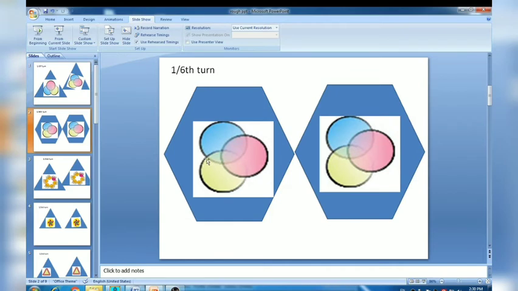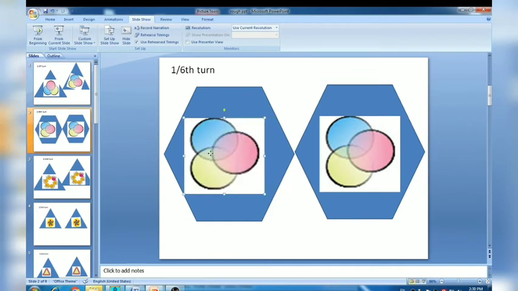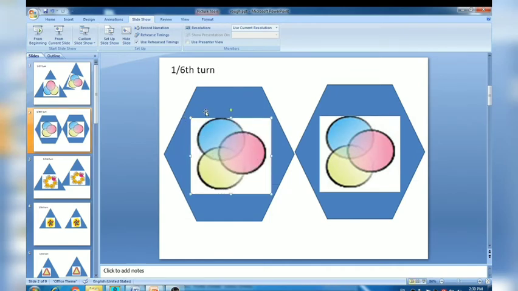Now I will take the second one. Now you have to tell me whether it looks the same for a 1/6 turn. Look carefully, 6. That means I choose a shape having 6 sides. So I will cover only one part. From here: 1, 2, 3, 4, 5, 6.